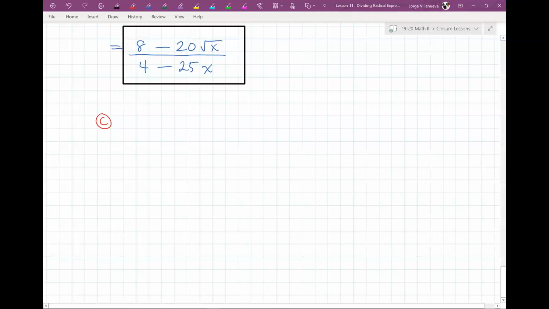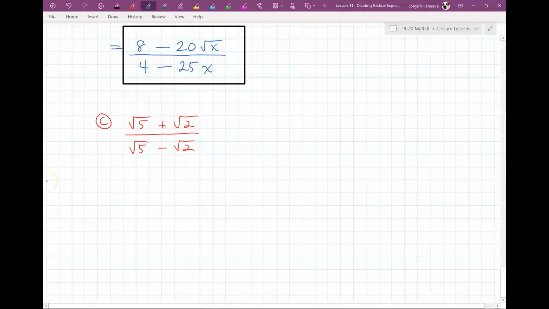So, sorry, not lesson 12, part C says radical 5 plus radical 2 over radical 5 minus radical 2. Now we can't just cancel stuff out here, because a plus or minus means that if you want to get rid of radical 5 or radical 2 on top, then you have to get rid of all of it, and we don't have matching parts.